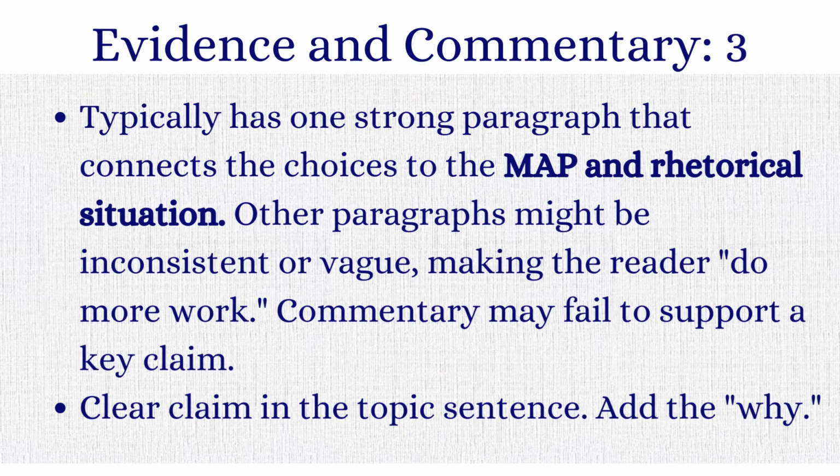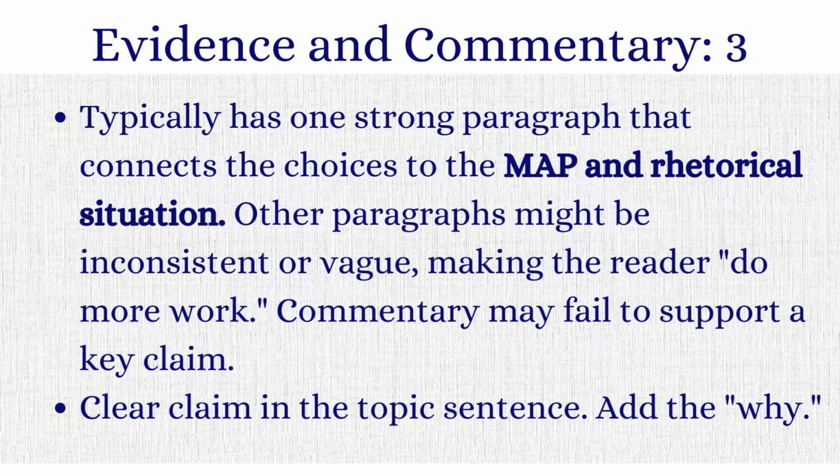But the other body paragraphs, whether it's one more or two more, they're almost there, but not quite there. So the other paragraphs might be inconsistent or vague. They do have evidence and commentary, but the evidence and commentary reads more like what we were talking about with a 2. So if there's one paragraph that really elevates the essay, that is how we can work from a 2 to a 3 in evidence and commentary.